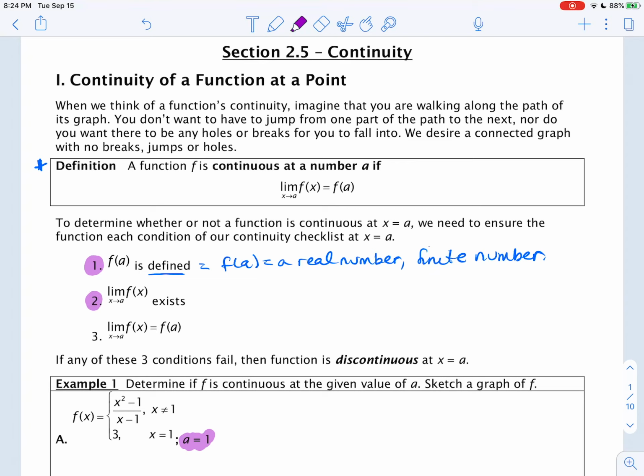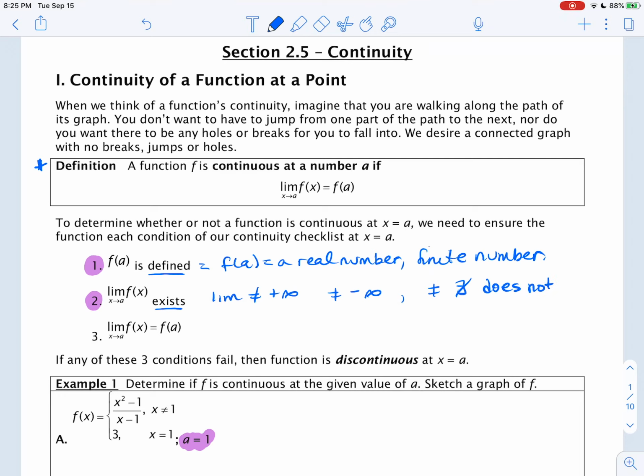Also, we have to have that the limit as x approaches A of f of x has to exist as well. So what does it mean for the limit to exist? The limit is not equal to positive infinity, it is not equal to negative infinity, and it does not fail to exist, where the limit from the left does not equal the limit from the right. Good?